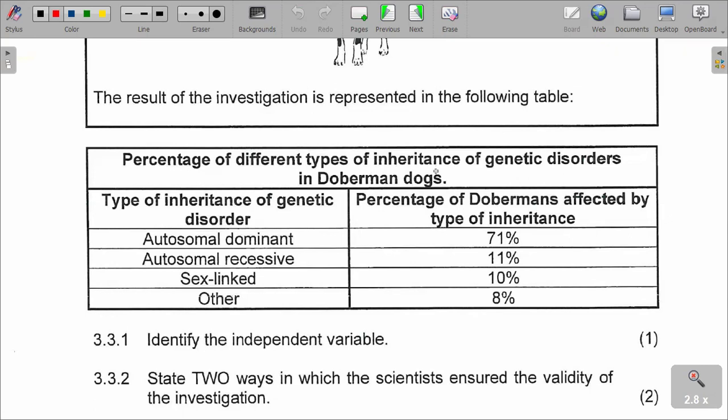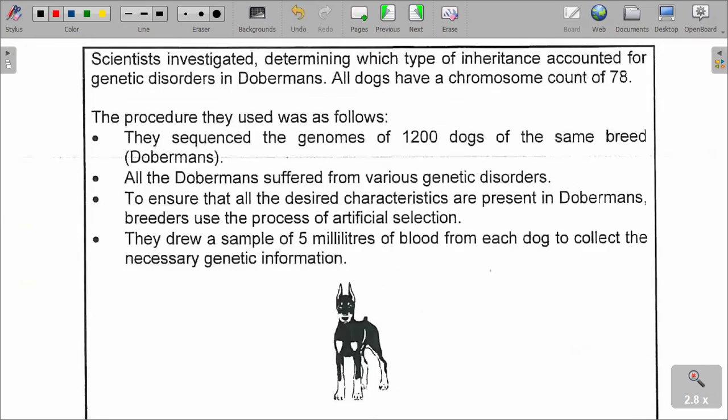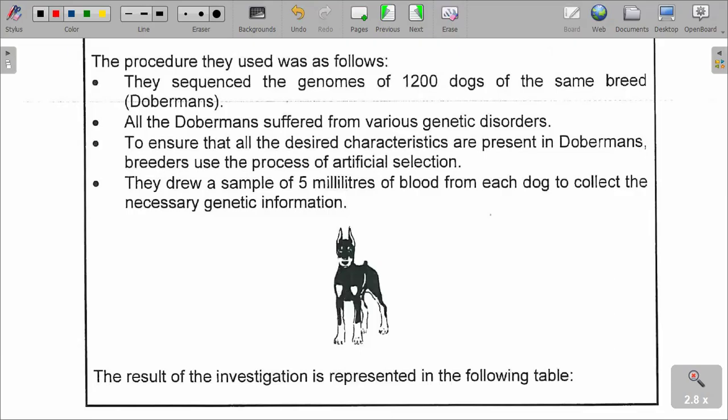We are asked to identify the independent variable. I'm saying independent and dependent variable questions, class, are always given as the easiest question that we must get right here. An investigation was done to determine which type of inheritance accounted for genetic disorders in dogs. So now, what is the independent variable?